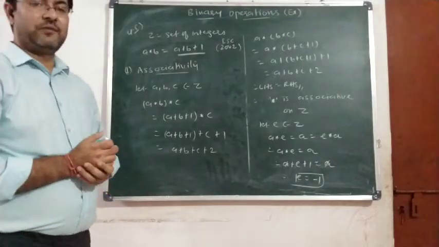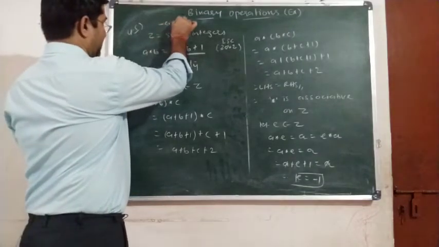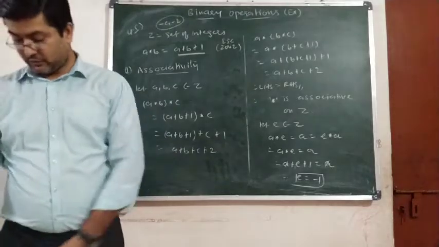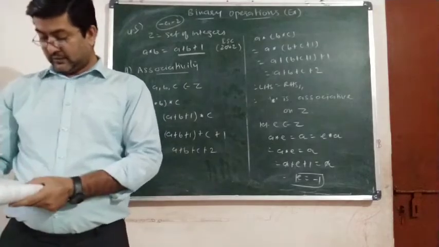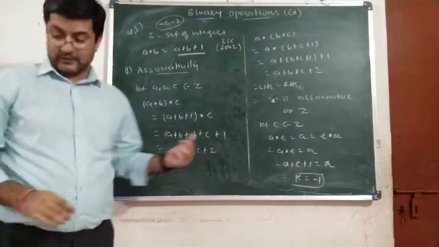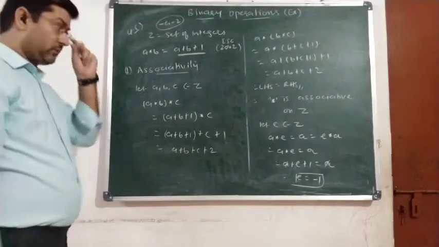Now finally we will find the inverse element. Actually it is already given in your textbook that the inverse is this. So we have to just show that the inverse is minus A minus 2. Let us do this on the left hand side. I hope you have taken down this.